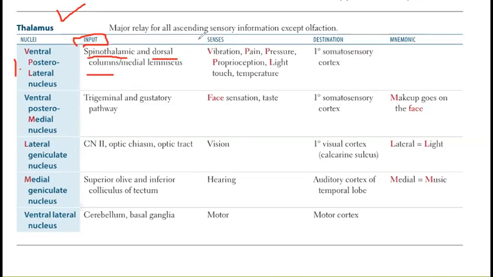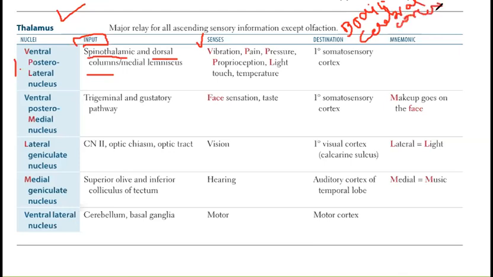Then they have also given you the functions of it and where this input goes in the brain. So this destination is basically at the level of your cerebral cortex.